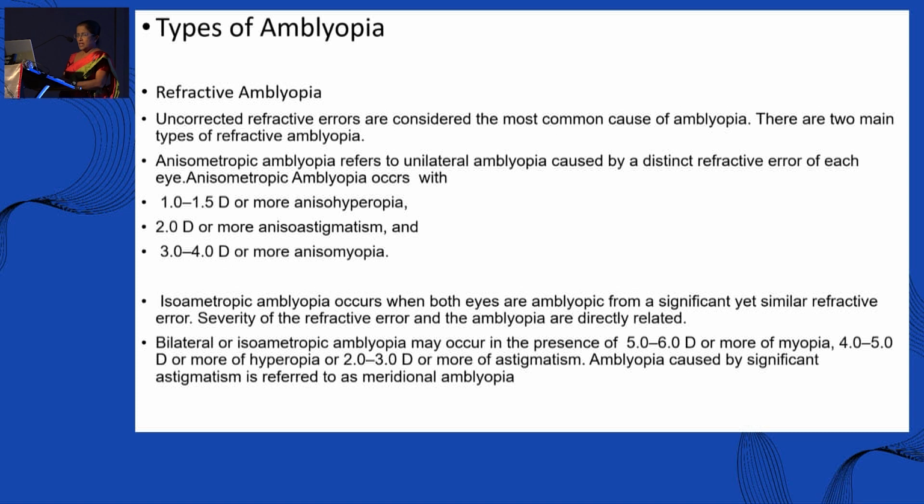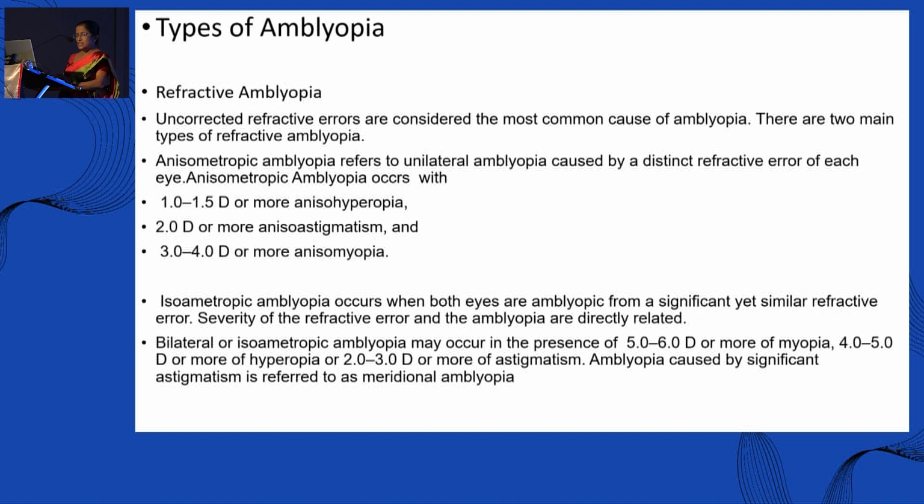Anisometropic amblyopia occurs when there is anisometropia between the two eyes.